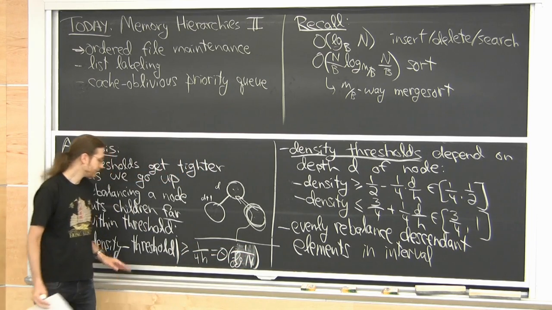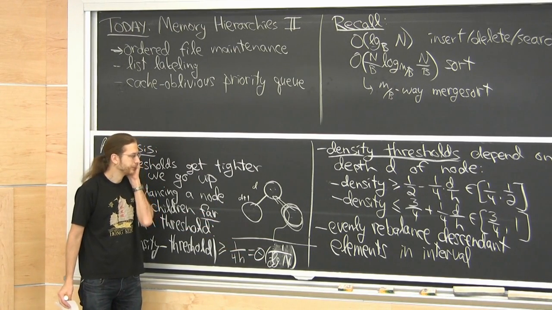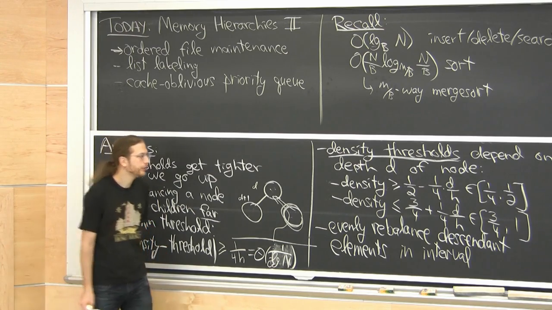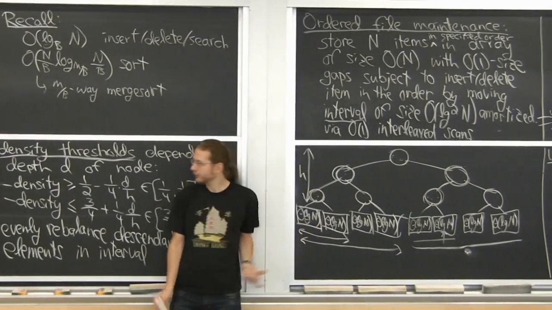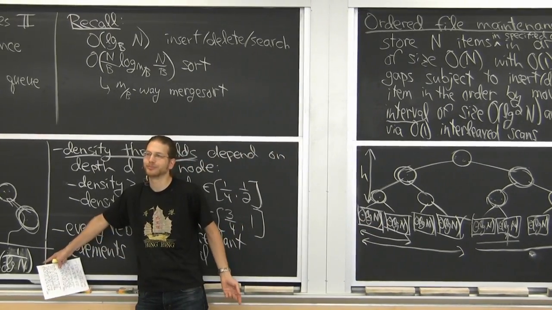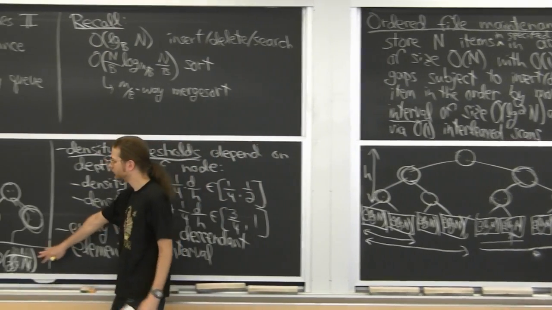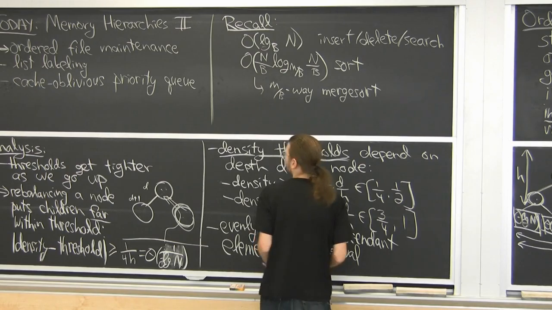And this is a ratio, 1 over log n, of the number of items versus the number of slots. But we know the number of slots we're dealing with is theta log n, and so this is at least 1 item. So this log n is designed to balance the h here. Okay, cool.